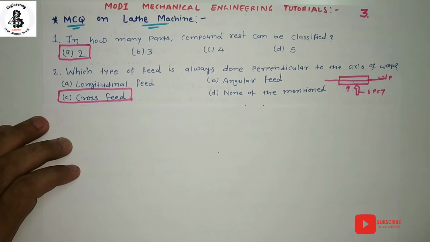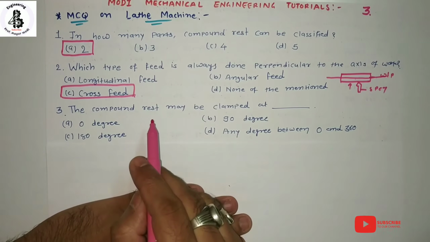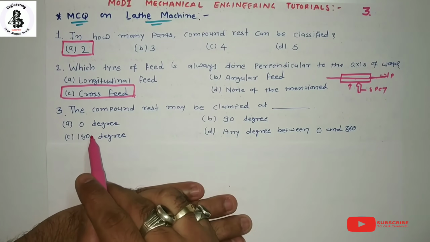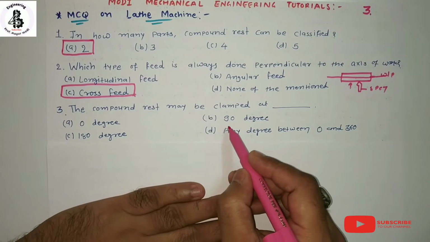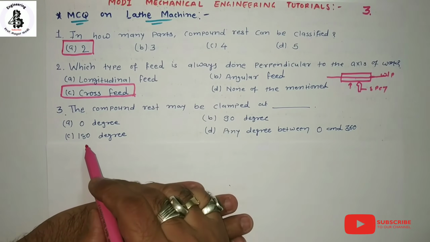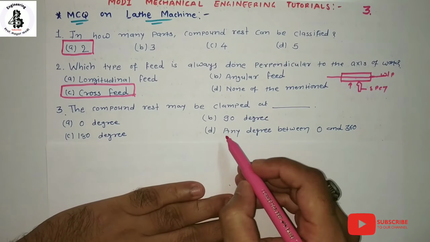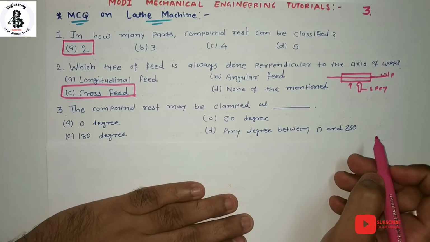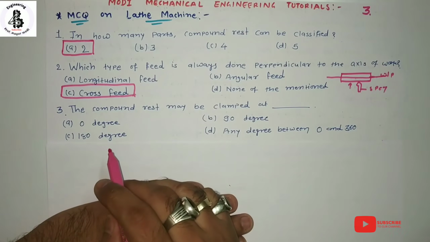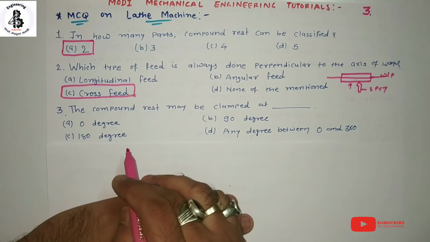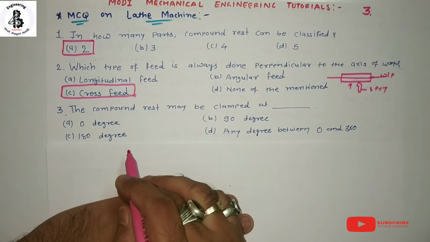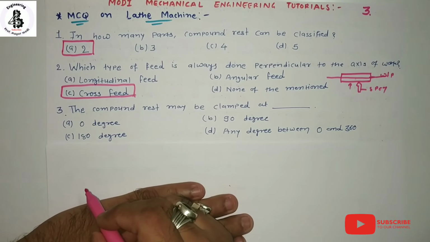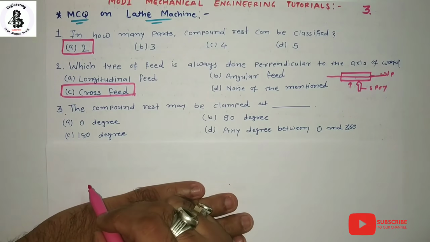Then next question. The compound rest may be clamped at option A 0 degree, option B 90 degree, option C 180 degree, and option D any degree between 0 and 360. Basically, the compound rest can be clamped at any angle between 0 and 360, and then you can carry out your work.